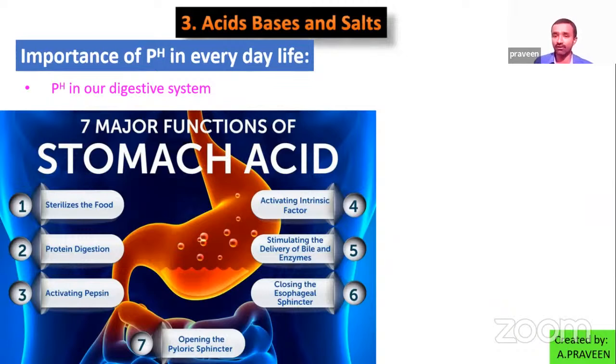Gastric juices have major functions in our digestive system: sterilization of the food, protein digestion, activating the pepsin, activating the intrinsic factors, stimulating the delivery of bile and enzymes, closing the sphincters, sorry, that terminology is different, it is biology, then opening the pyloric sphincters.